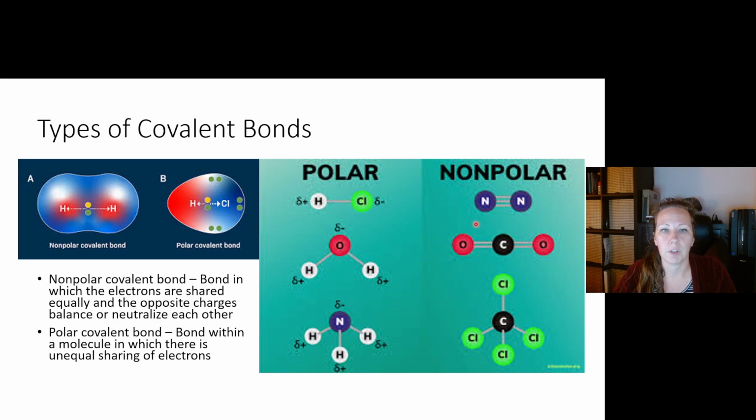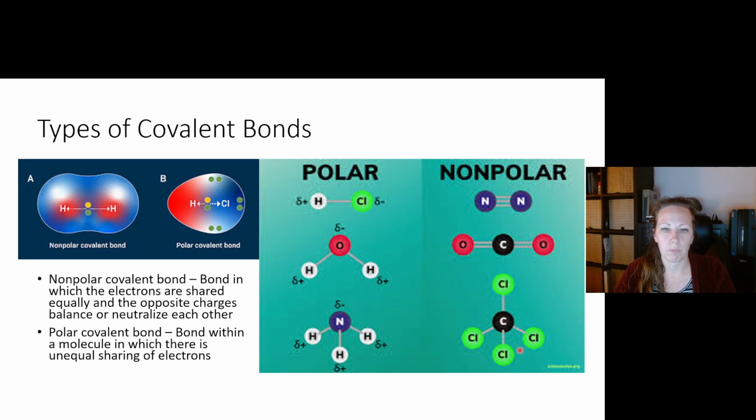And there's equal sharing of electrons between the carbon and the oxygens. In water, there is unequal sharing, okay? The oxygen is taking more than its fair share of the electrons. And so the hydrogens just kind of pull away from each other, and it results in this bent structure that you see here. Okay.